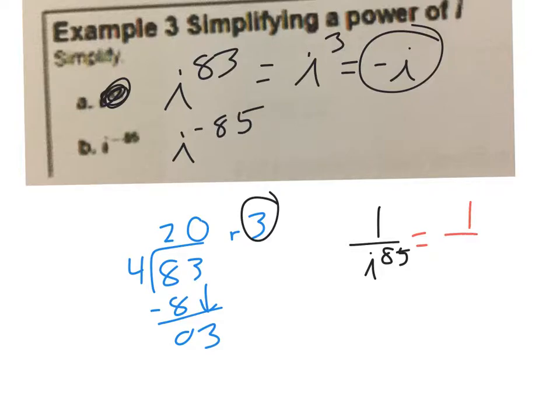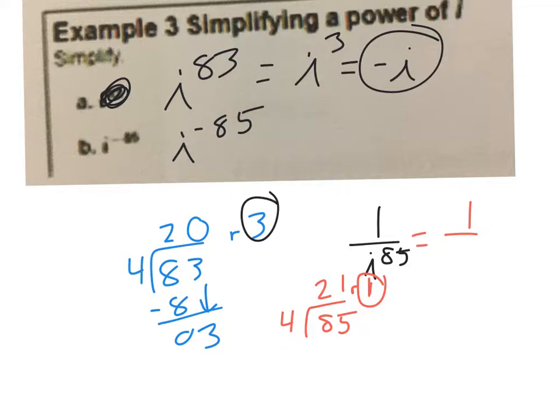So this is 1 over, then you take 85 and divide it by 4. That goes in there 21 with a remainder of 1. You can either do it my way, the old school way with a remainder, or you can use your calculator. If you get 0.25, it's a remainder of 1.